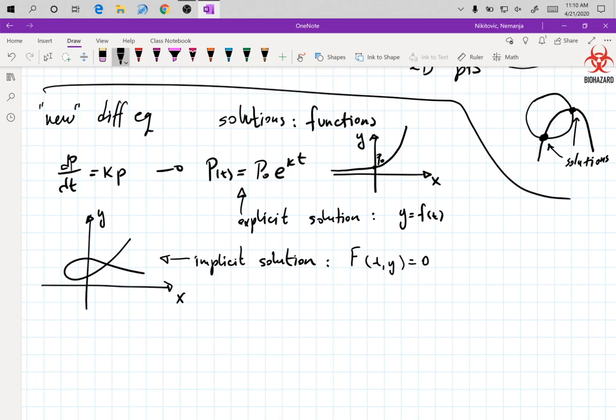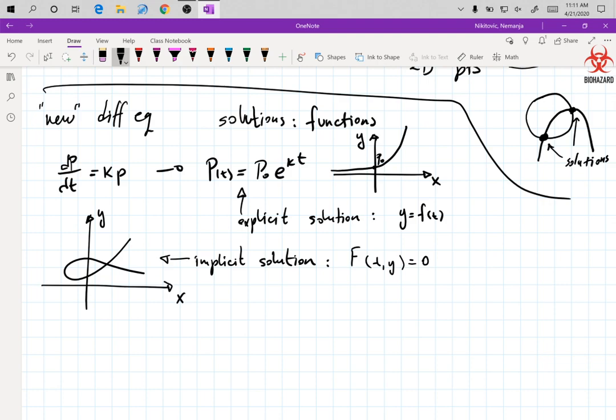We should be familiar with these things from our pre-calculus course and then calculus 3 course, how to draw all of these solutions that I've mentioned so far.